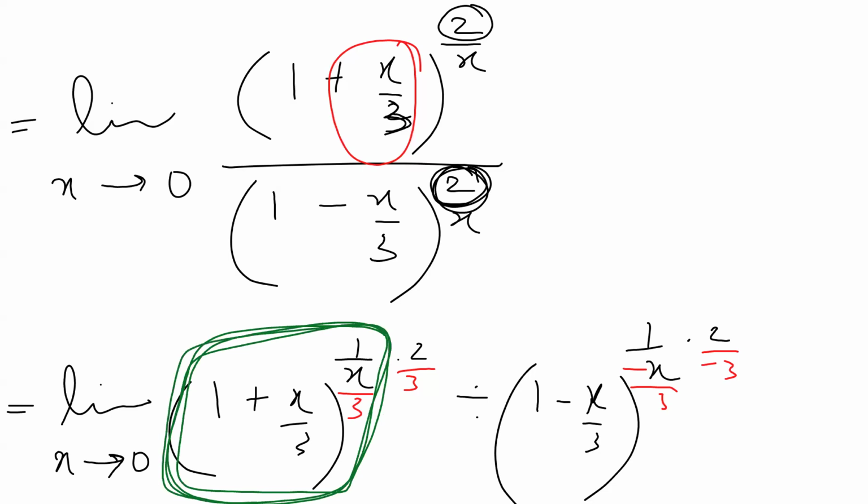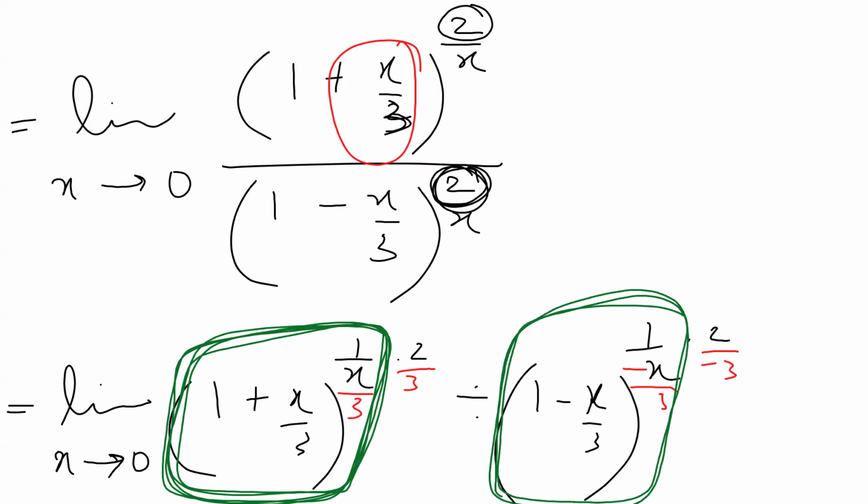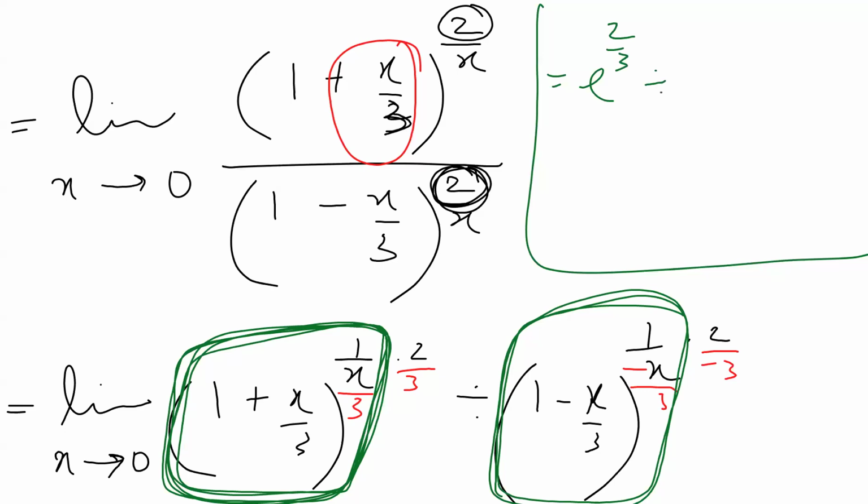This is e, and this is e. So this is going to be e raised to 2 by 3 divided by e raised to minus 2 by 3, which is e raised to 4 by 3.